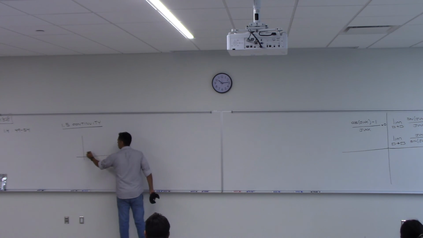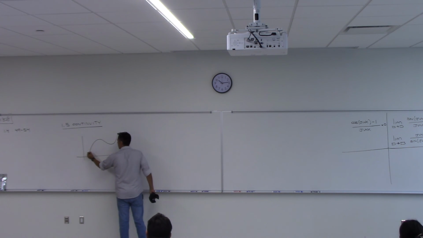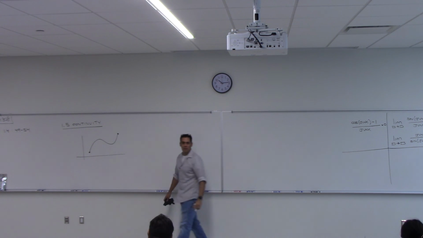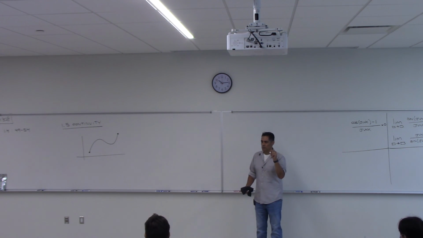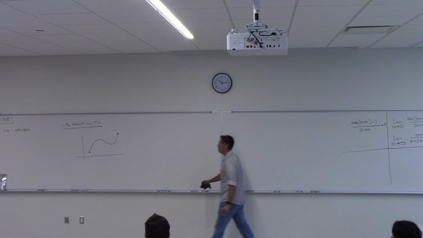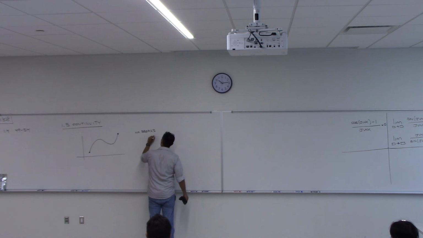So if I take some function, I draw it, let's say I just go from here to here, I stop there, start there. This would be an example of a continuous function. I draw it without picking up my pencil, right? There's no breaks in the graph. No jumps.